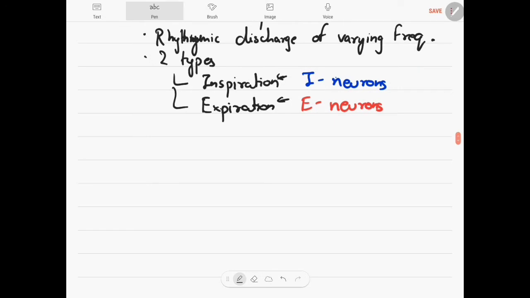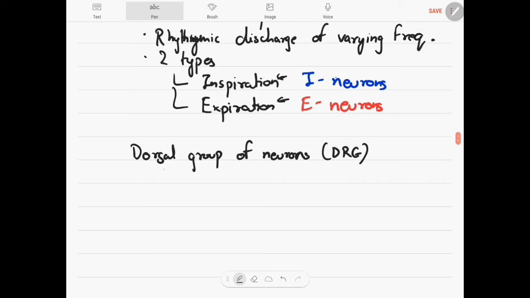The neurons in the medulla can be divided or are located in two groups. Dorsal group of neurons or DRG.